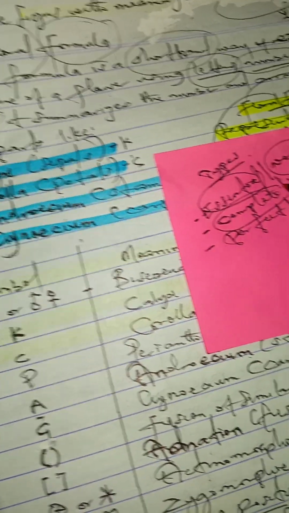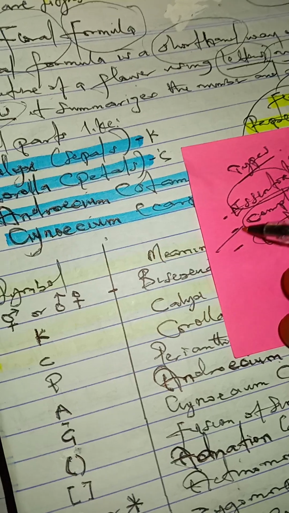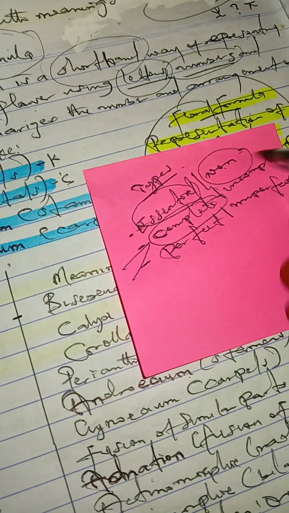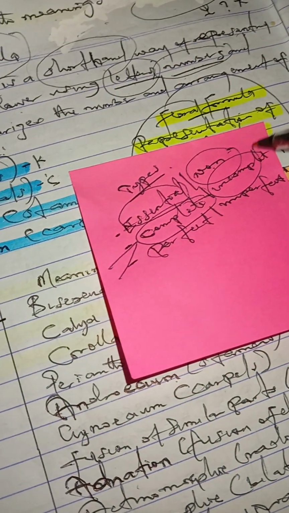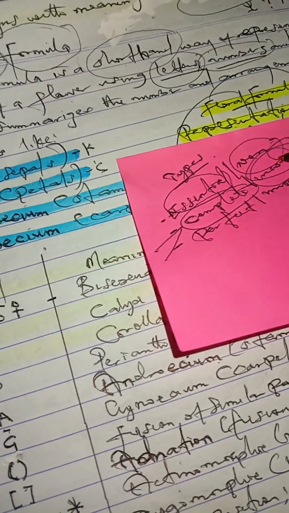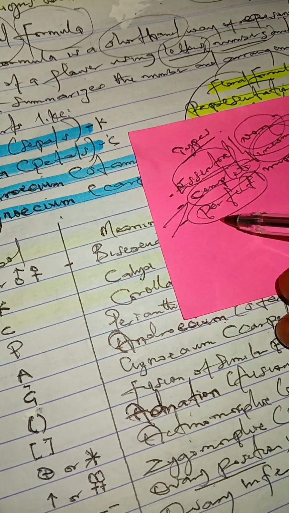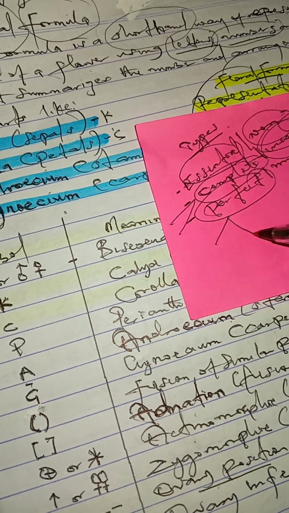Complete simply means when a flower has both the vegetative part and the reproductive part. Incomplete means it is having either reproductive parts or vegetative parts. It is not complete, either of the two. Perfect simply means it has both male parts and female parts.